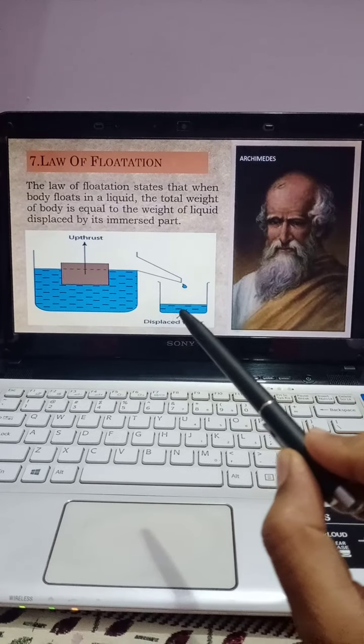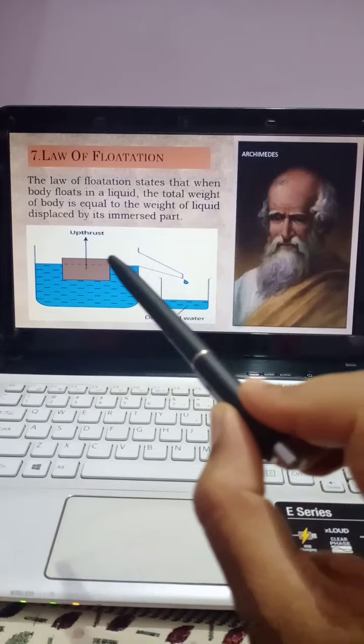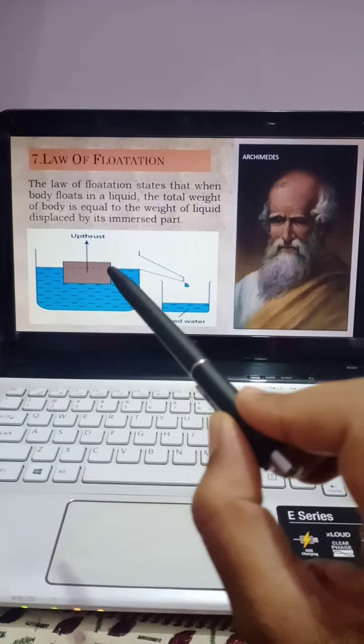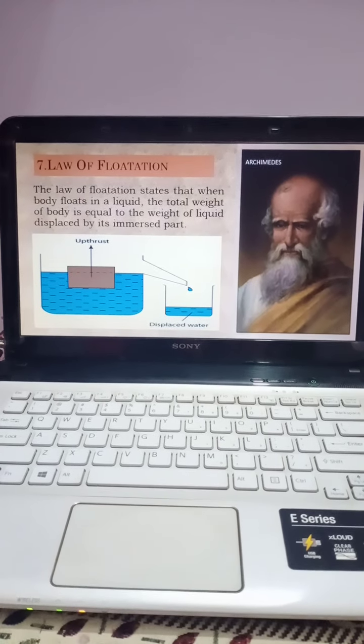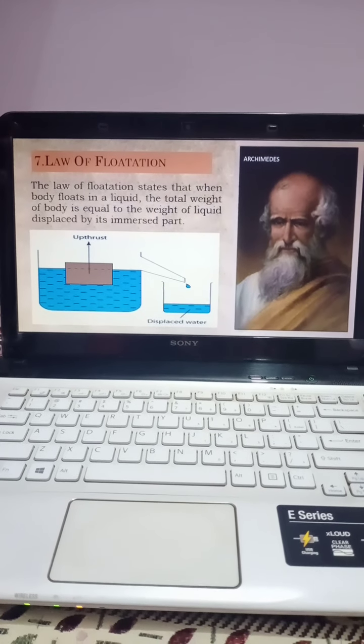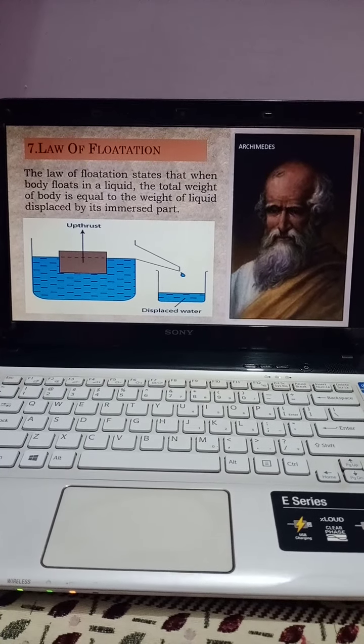When we weigh this displaced water, if its weight is equal to the weight of this object, then that object is going to float on the surface of water. This is the law of flotation.